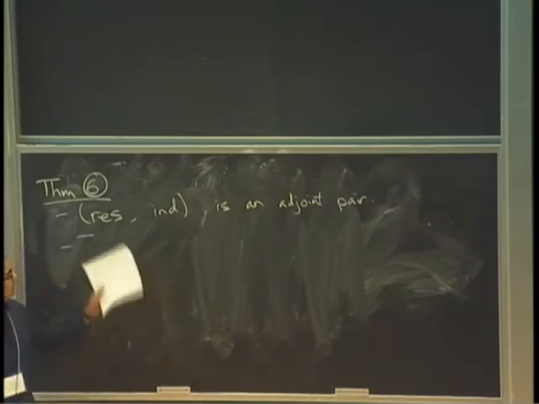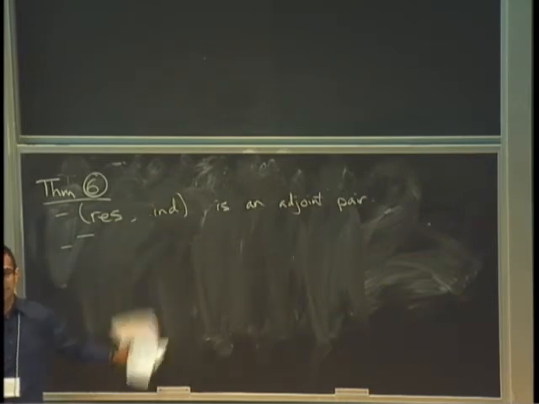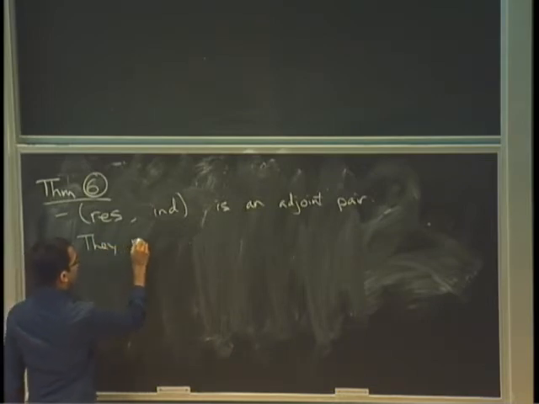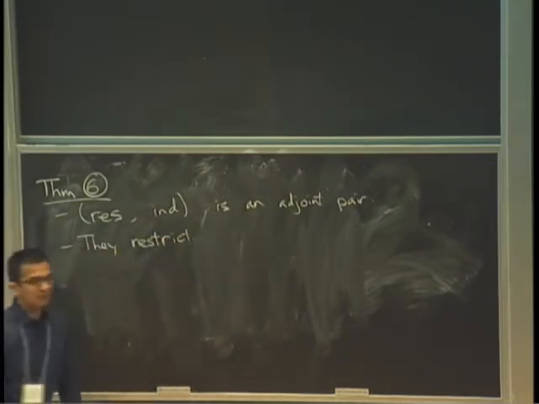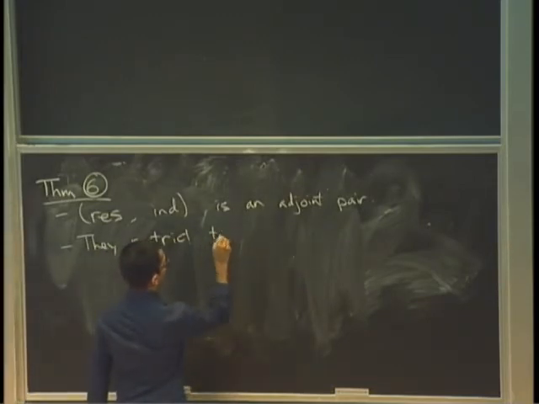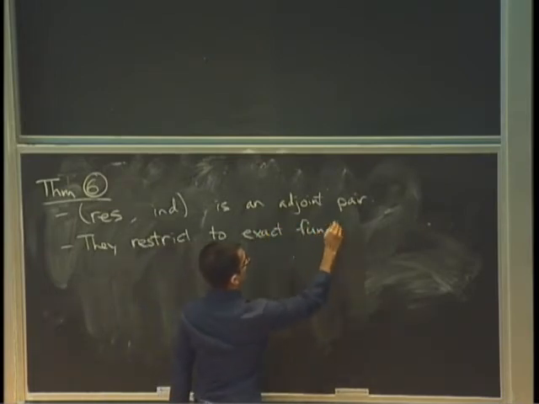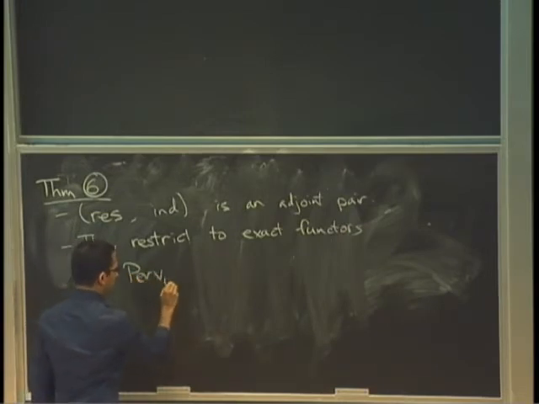These restriction and induction functors, I defined them as functors on equivariant derived categories. So what's not at all obvious is that if you just plug in perverse sheaves on the unipotent variety, they give you exact functors. So both of them are exact.